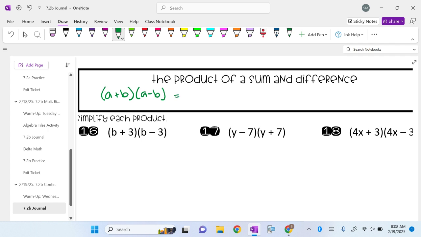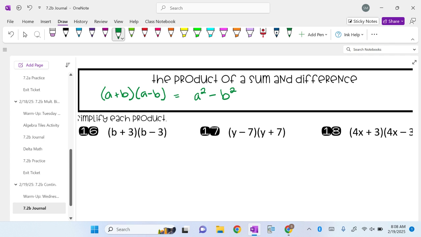The product would just be a squared minus b squared. So when we get into our factoring, this is going to be called a difference of squares. A product of a sum and a difference creates a difference of squares binomial, which we'll learn about later on this next week.